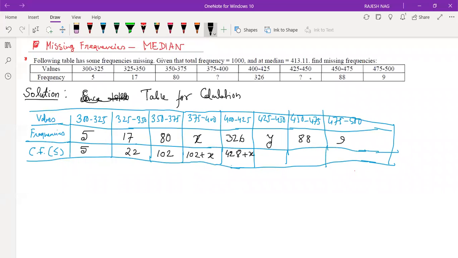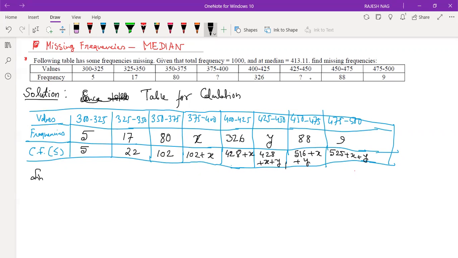Next value, 428 plus x plus y. Then 428 plus 88 is 516, so 516 plus x plus y. And last, 525 plus x plus y.